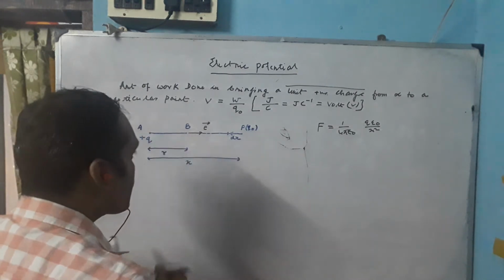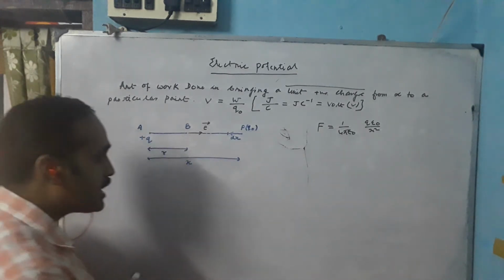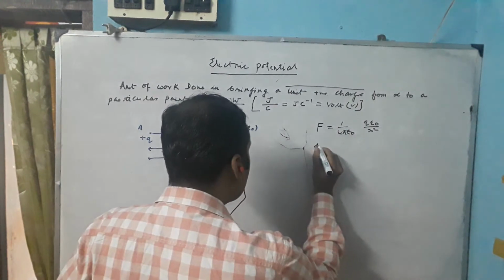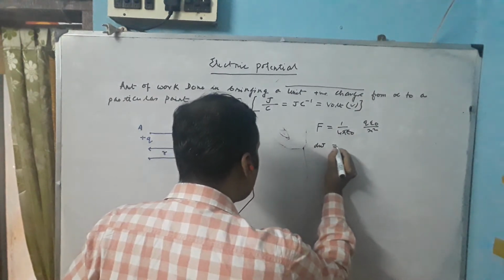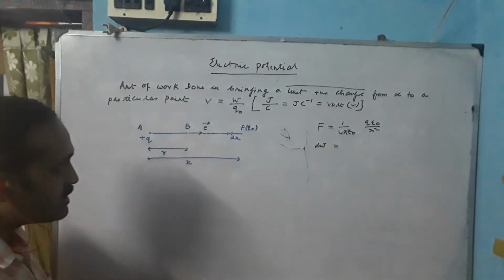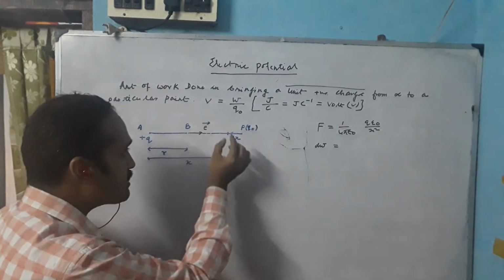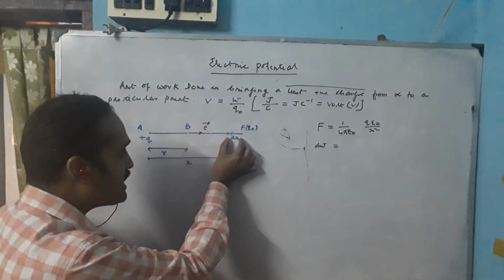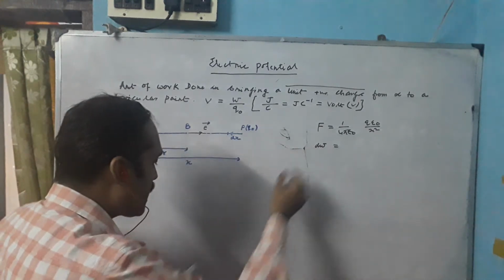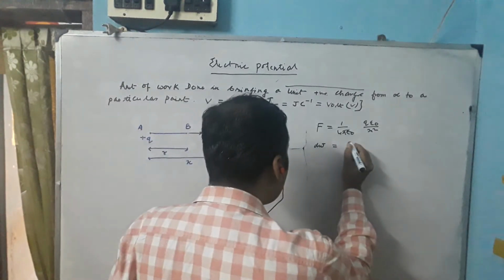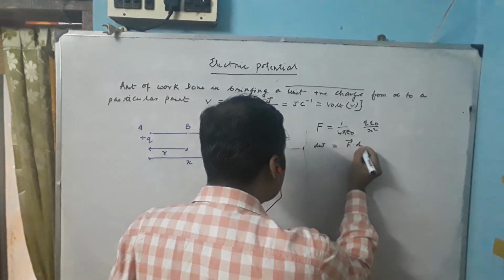Now let us push this charge by a small distance dx towards A. As a result, we need to do some work done. So we have considered that this Q0 charge is further displaced by a displacement dx. Hence, the work done becomes F dot dx.